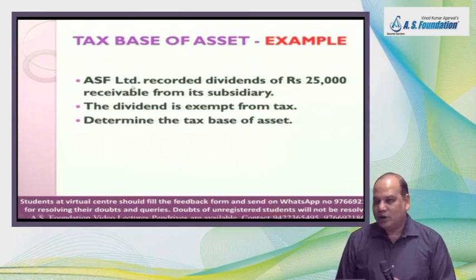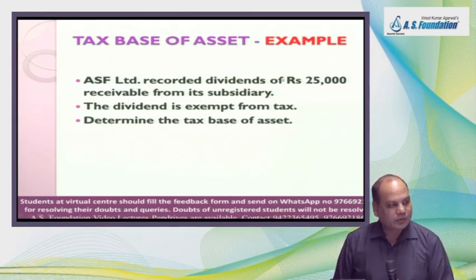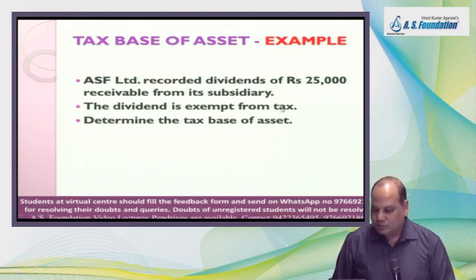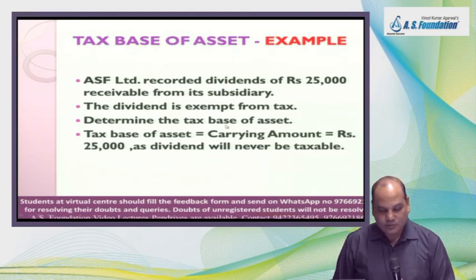ESF Limited recorded dividend of rupees 25,000 receivable from its subsidiary. The dividend is exempt from tax. So rupees 25,000 is not taxable in future. Can I say that? Entire 25,000 is not taxable in future. So determine the tax base of the asset. The answer is 25,000.